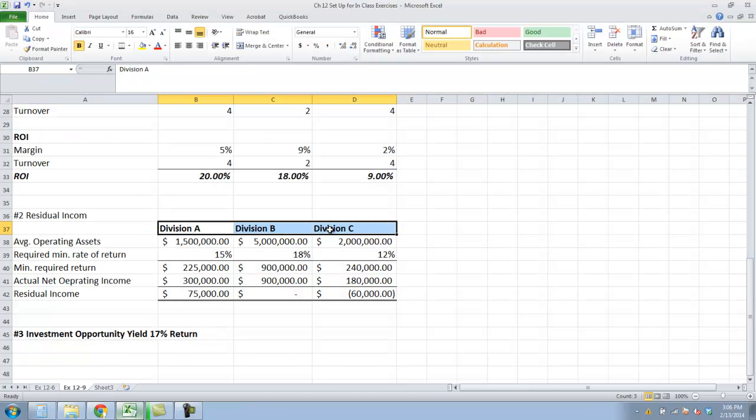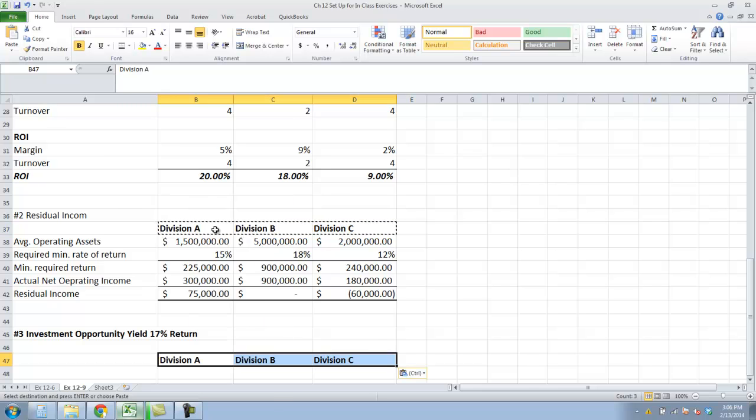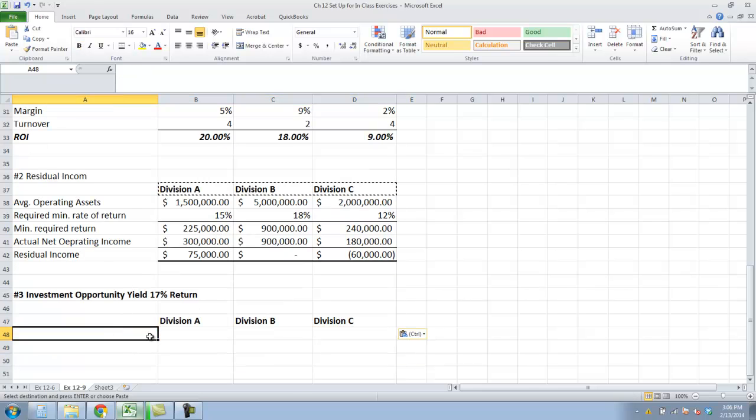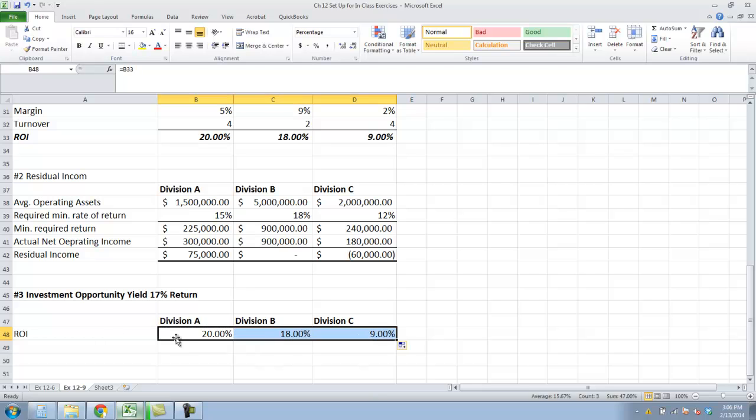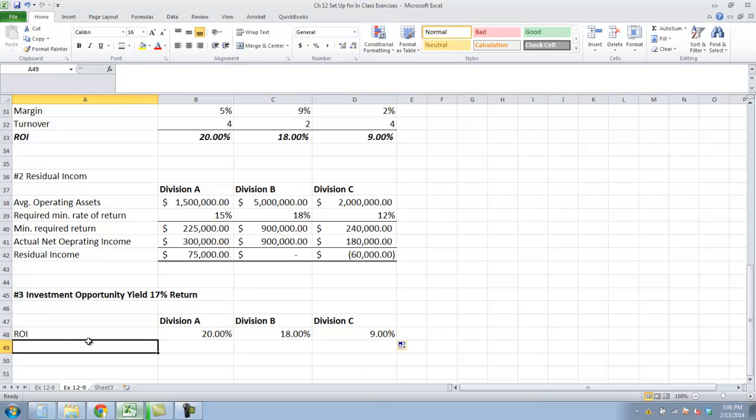So we have these divisions, and we're going to take their ROIs that we calculated in number 1 here. Minimum required rate.